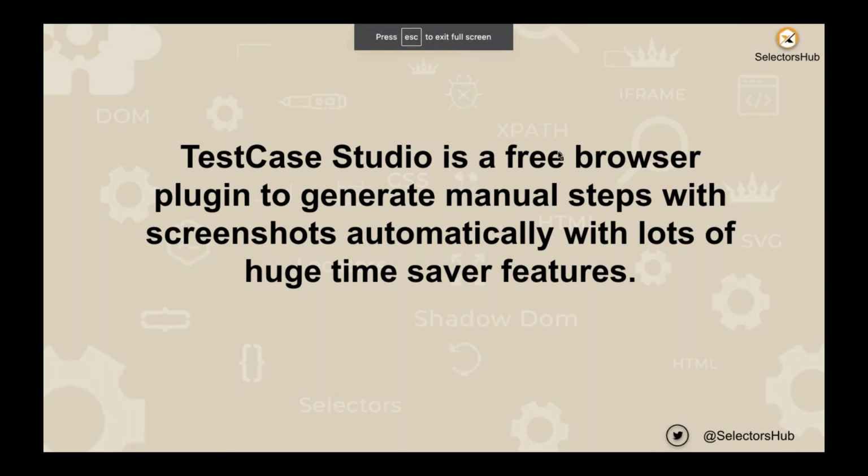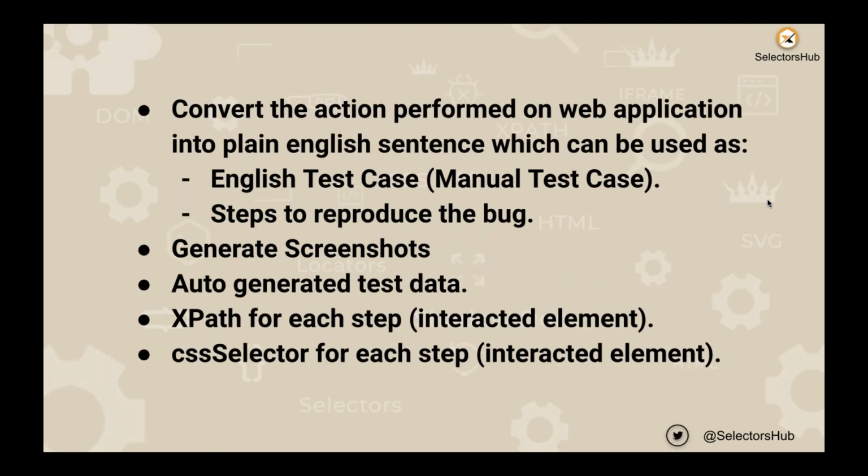So Test Case Studio is a free browser plugin to generate manual steps with a screenshot automatically, with lots of huge time saver features. I have shown you that it converts the action performed on a web application into a plain English sentence, which can be used as an English test case, like manual test steps to reproduce a bug.